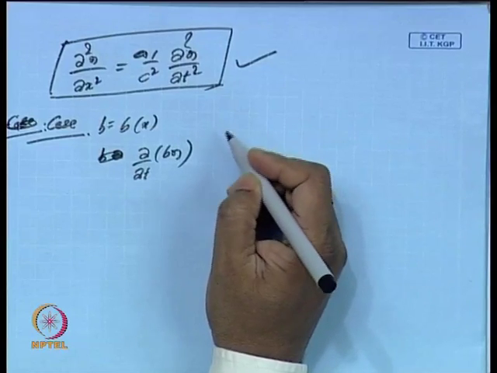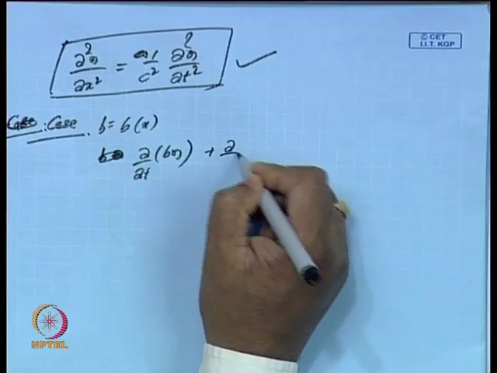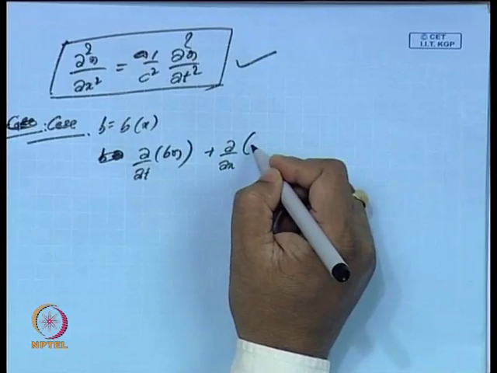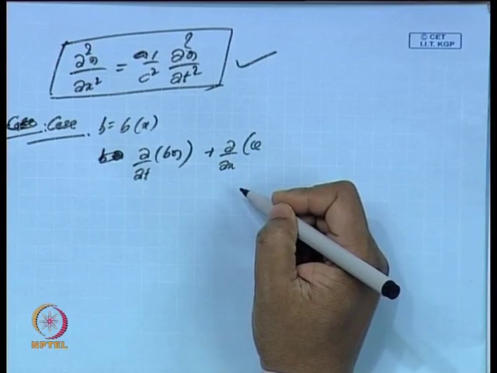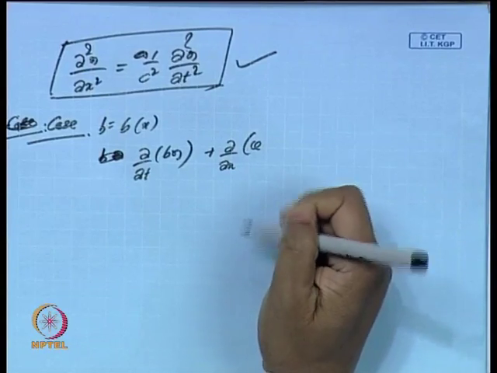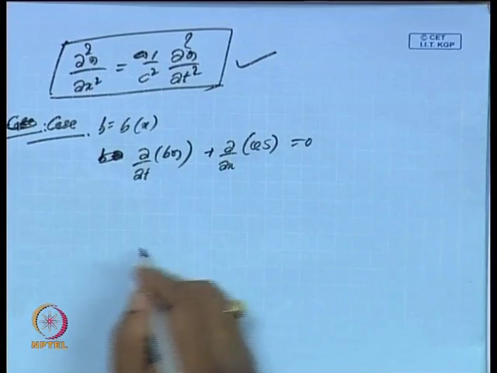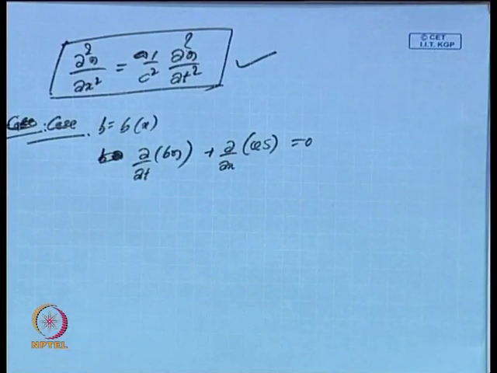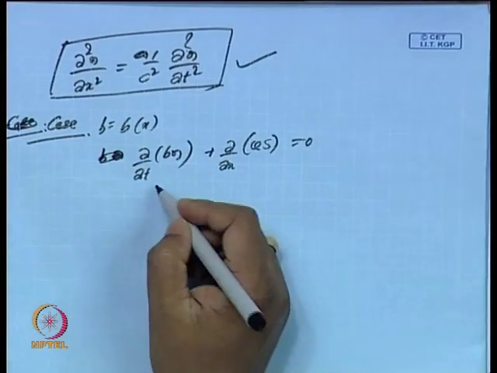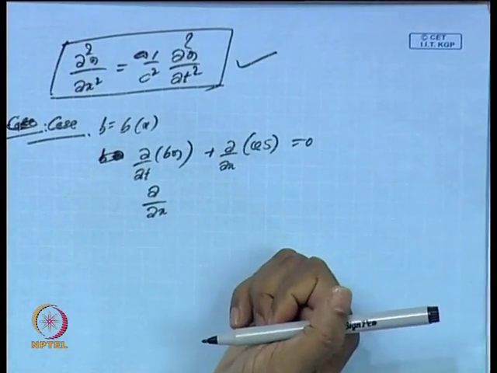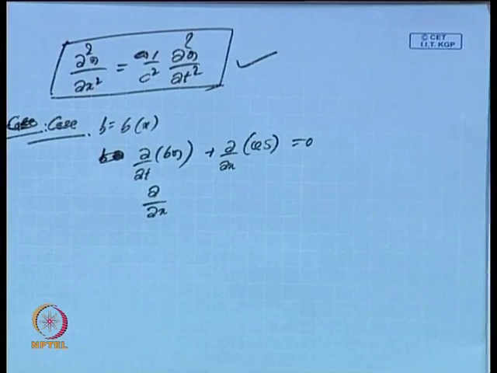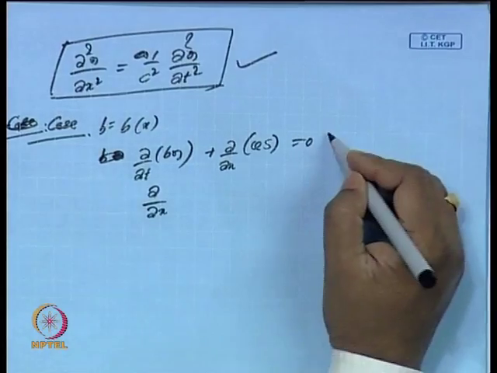So, the equation of continuity: del by del t of b eta plus del by del x of u h s is equal to 0, that is the continuity equation, and when b is equal to b(x), this is the equation of continuity.